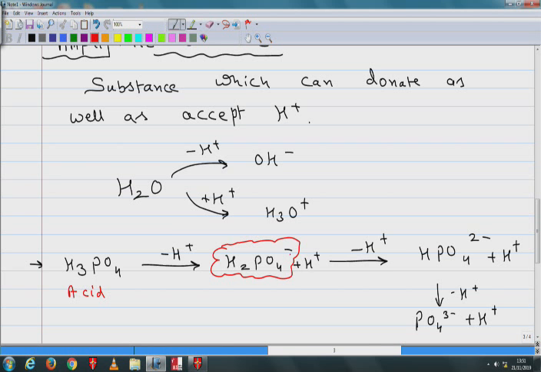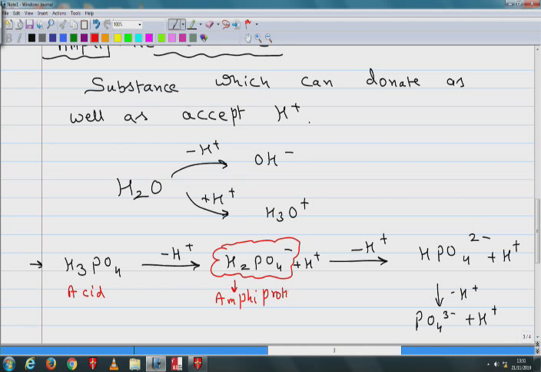Just because it has the negative charge, it has the capability of accepting H plus as well. Here it is also donating: H2PO4 minus after donating H plus forms HPO4 2 minus. So it is definitely an acid, but because of the negative charge, it can accept H plus as well. So this is amphiprotic.